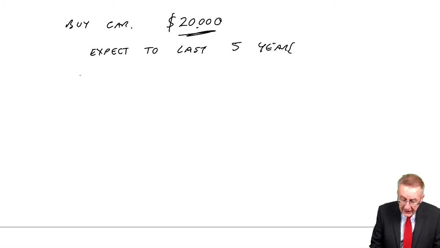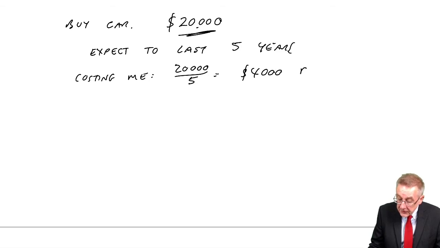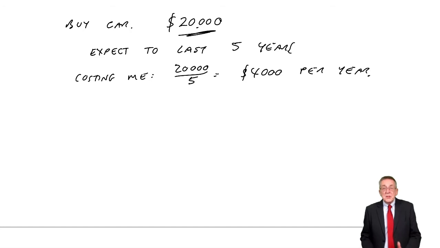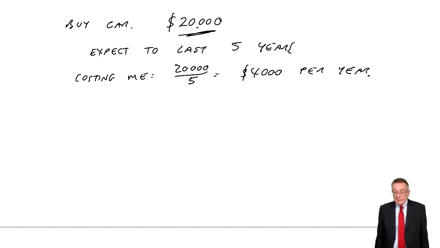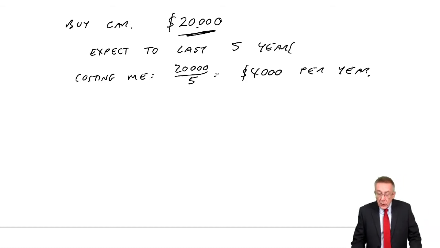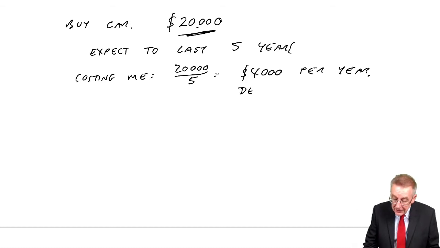Each year, it's costing me to use it 20,000 over 5 years. In a sense, it's costing me 4,000 per year to use that car. I pay 20,000. In 5 years' time, it'll be worth nothing. It's costing me 4,000 a year. And we call that the depreciation.